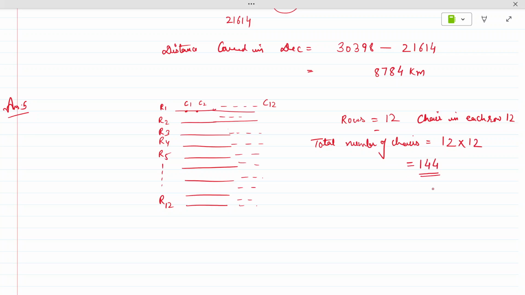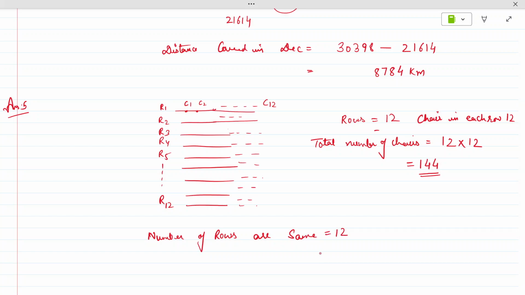But this was earlier. Now, next what has been done is, two more chairs are added to each row. So here now the number of rows is the same. Okay. Number of rows is the same, that is 12.